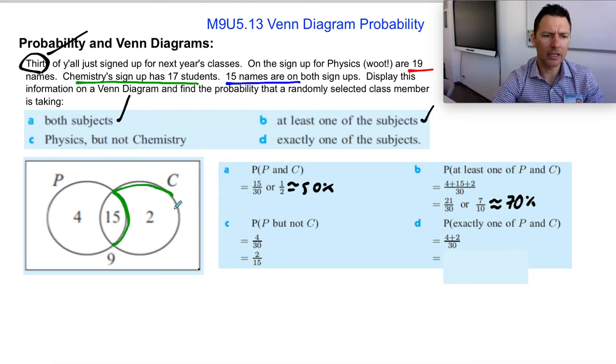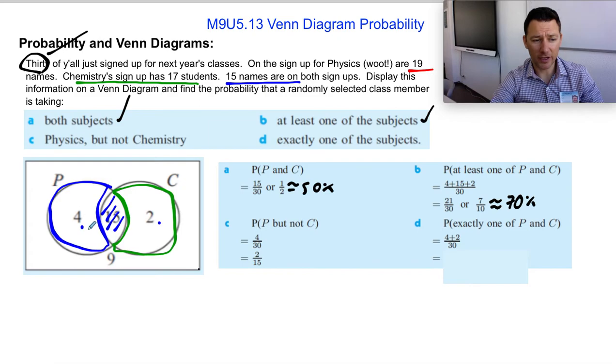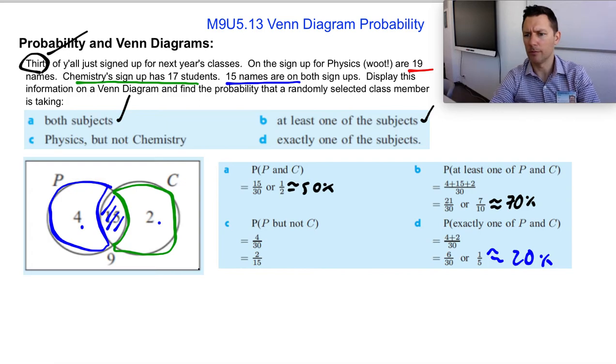You're either taking chem or you're taking physics, but not both. So 4 are taking only physics. 2 are taking only chem. So 6 out of 30. 1/5, 20%. Cool? Cool.